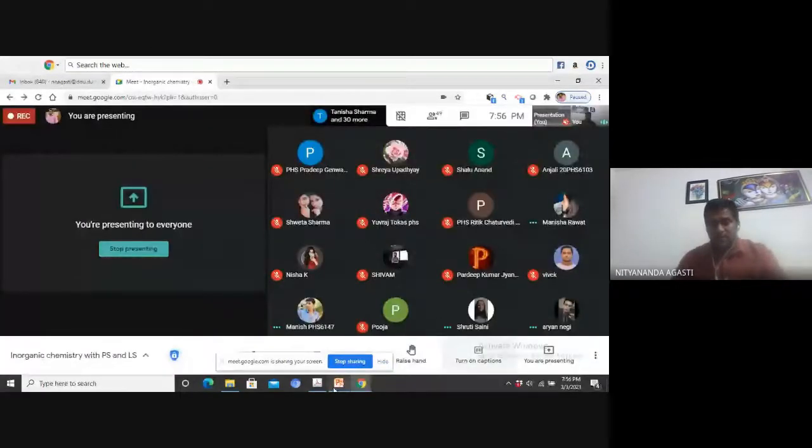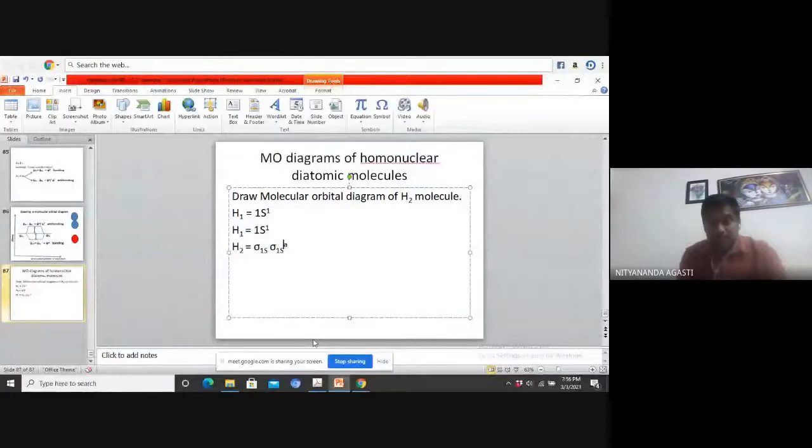So you look at this. Sometimes in some books you find it written as sigma anti-bonding, or sometimes you'll find it written as sigma star. It's just a star, right? Remember, if you're writing sigma A, then we write B here. You'll find sigma B. What does it suggest? Sigma 1s bonding is the bonding molecular orbital. The sigma 1s anti-bonding is the anti-bonding molecular orbital.